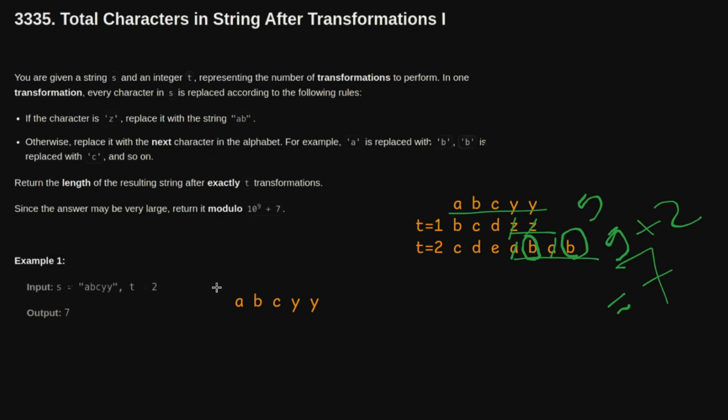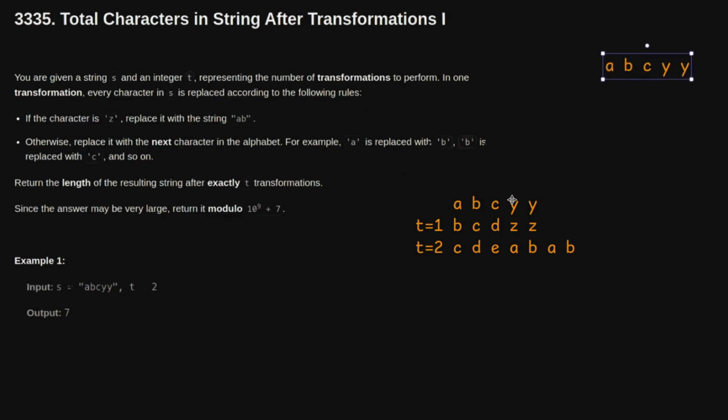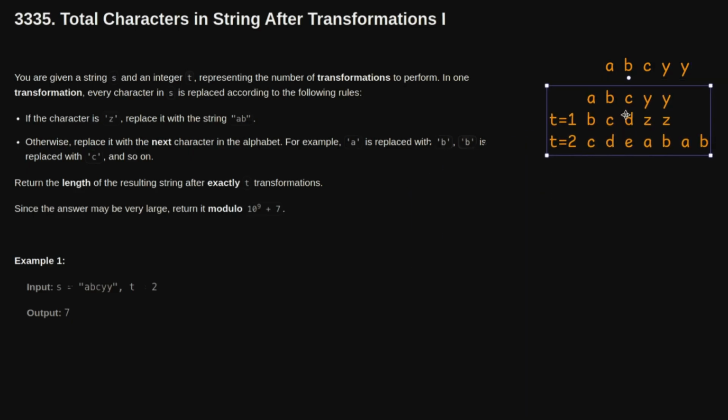So let me do this again. Let me just erase everything up. And what I will be doing is, I will write A, B, C, Y, Y, okay. Let me make some space here.